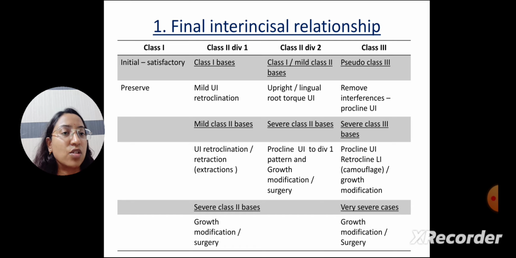If this is not sufficient, we have to go for growth modification in growing children, which would be protracting the maxilla or giving a chin cup to prevent mandibular growth. Whereas in more severe cases, in growing children, again we give an orthopedic appliance, or in non-growing patients, we resort to surgery to correct the jaw base.